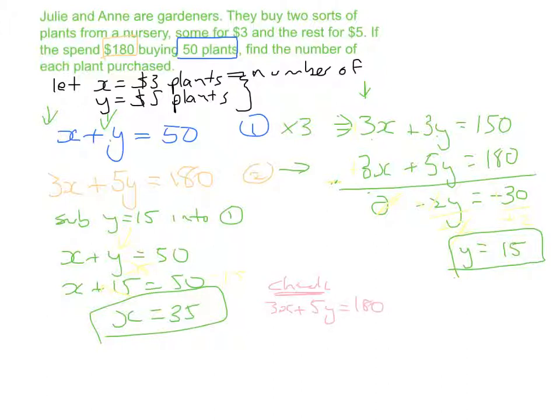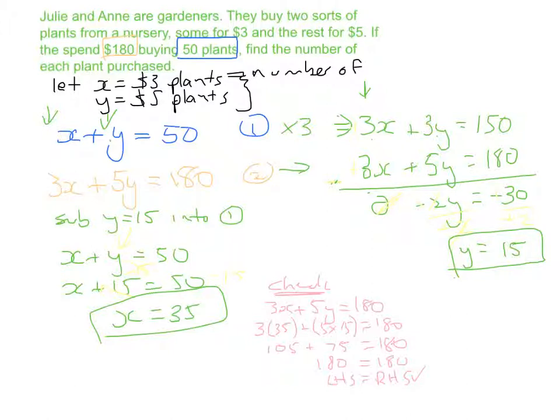X is equal to 35, so it's going to be 3 times 35 plus y is 15, so it's 5 times 15 equals 180. 35 times 3 is 105 plus 15 times 5 is 75. So we get now 180 equals 180. So our left hand side equals the right hand side, so everything is good.